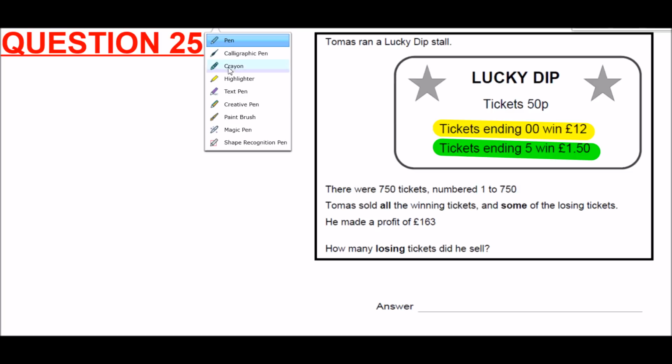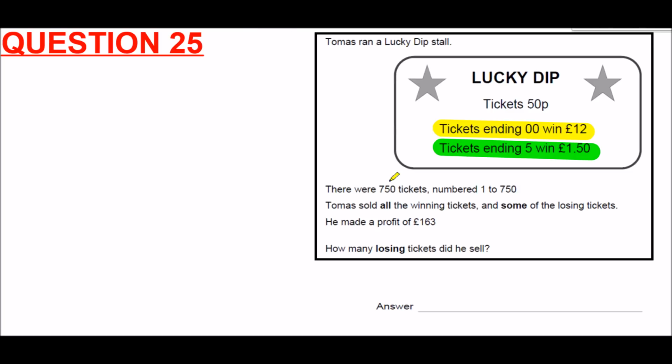So we're told that there's 750 tickets. First of all we can think, how many tickets end in 00? Well, that means tickets which are 100 and something.